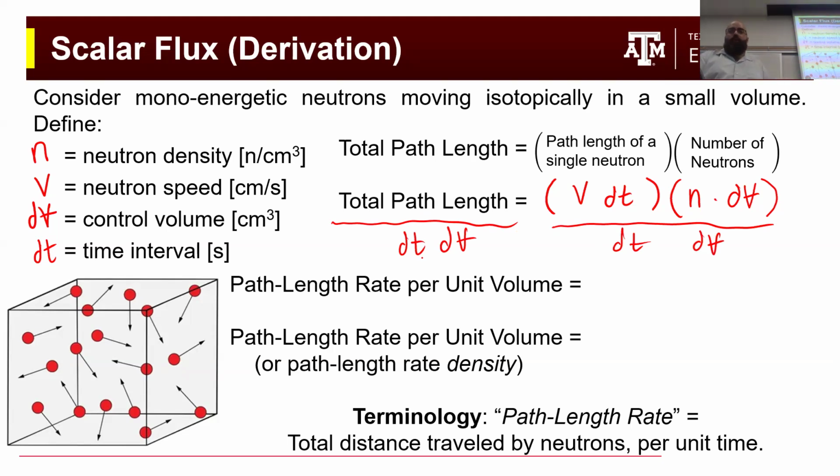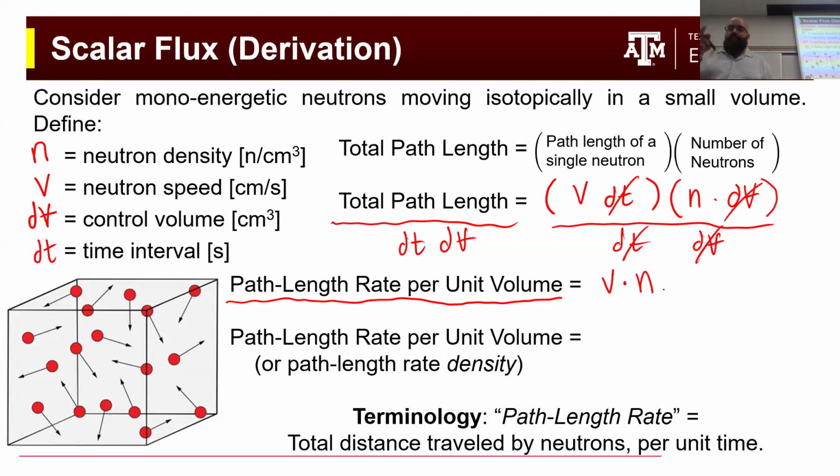So now what I have on the left side is the total path length per unit time and per unit volume, which is the definition of the path length rate per unit volume. And then this dt is canceled, this dv is canceled. So all we have left on the right is the product of the speed of those neutrons and the neutron density in that material.